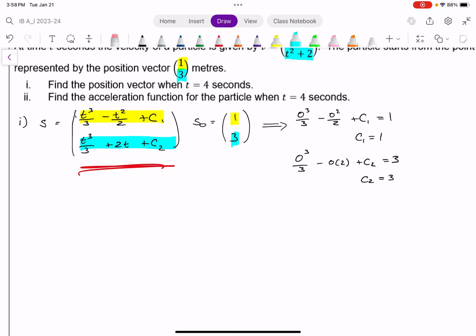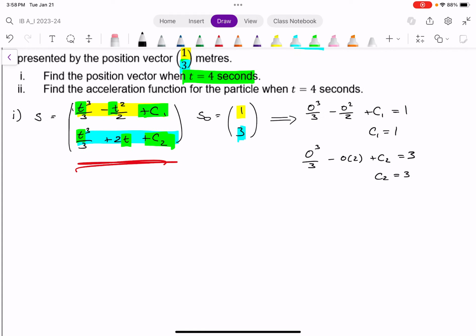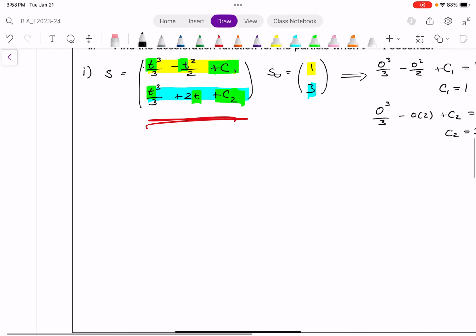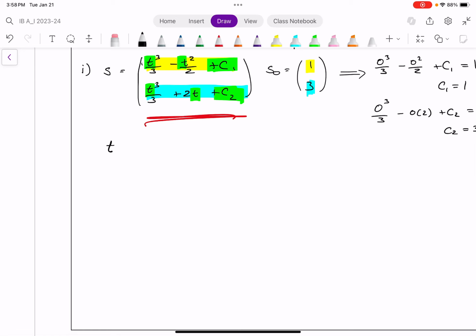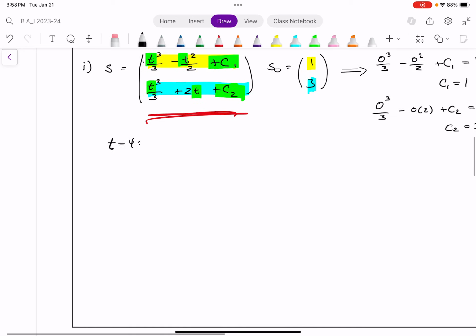And so now all I need to do to find its position after 4 seconds is go back here and replace all these t's with a 4, because remember again, we know those constants now. Pretty familiar idea, a vector just means that we have 2 for the price of 1. So when t equals 4, we have 4 cubed over 3 minus 4 squared over 2 plus 1, and we have the other element below it.